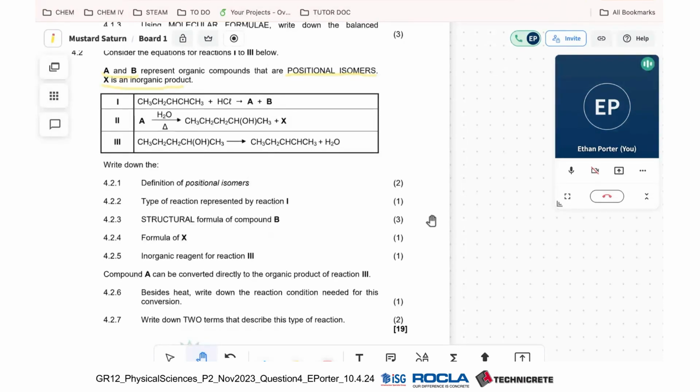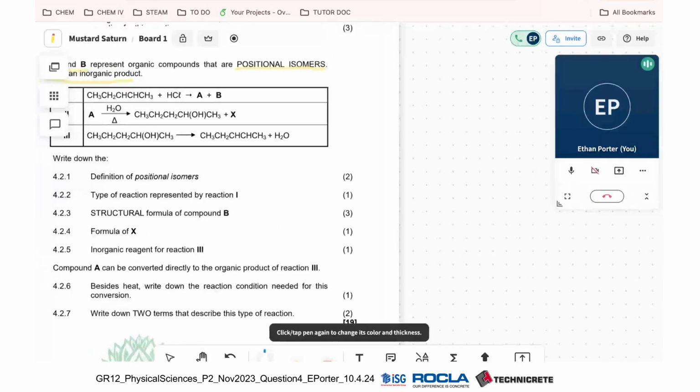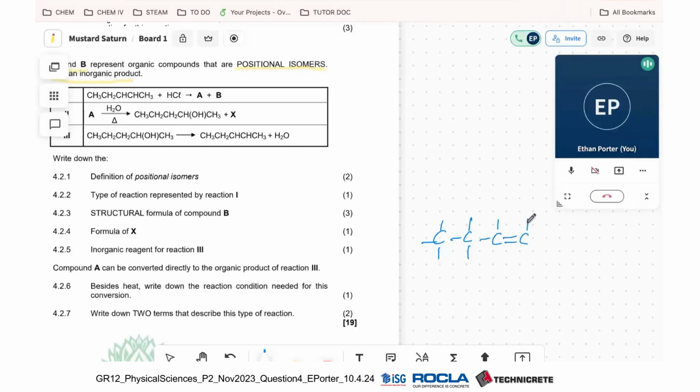Okay, so we've got to work out this reaction. Let's first draw out the equation. So we have CH3, CH2, CH, and then double bond CH, and then at the end CH3.